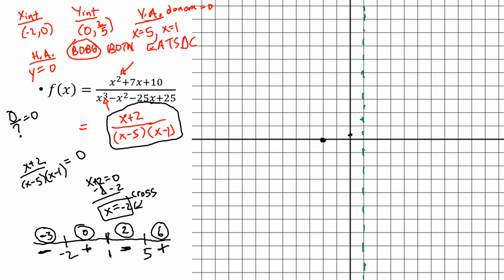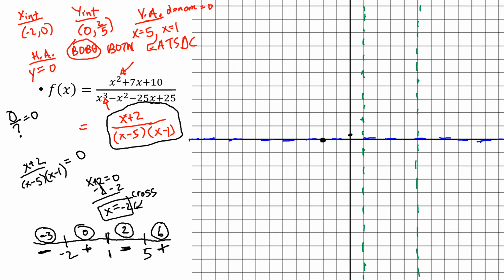We have another vertical asymptote where x is 5. We know also that there's a horizontal asymptote at y equals 0, so that's just the x-axis. There's a horizontal asymptote here. And we know we're going to cross the horizontal asymptote at -2.